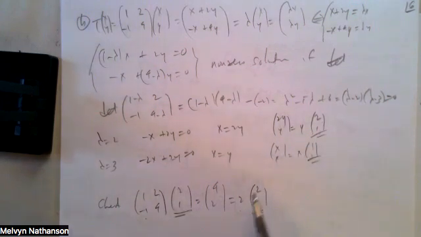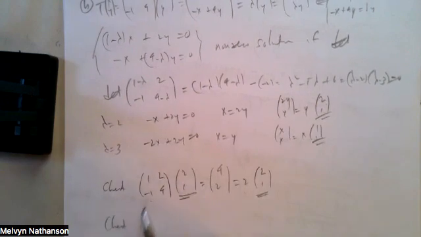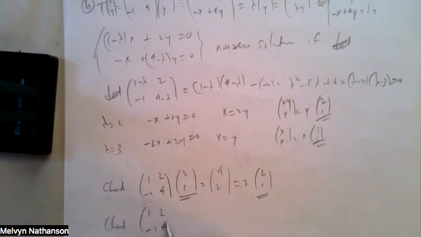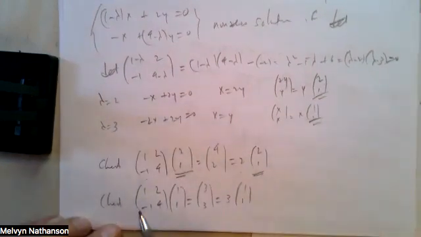So this is an eigenvector with eigenvalue 3. Let's check that. 1, 2, minus 1, 4 times 1, 1 is 3, 3, which is 3 times 1, 1. So the matrix times the vector 1, 1 is 3 times the vector 1, 1. So 1, 1 is an eigenvector with eigenvalue 3.